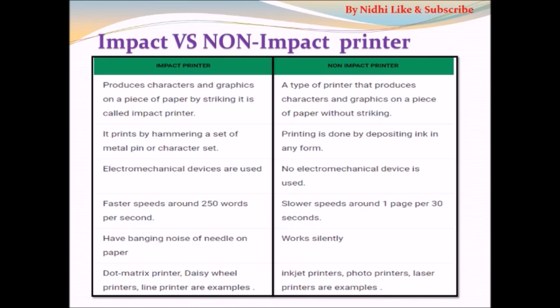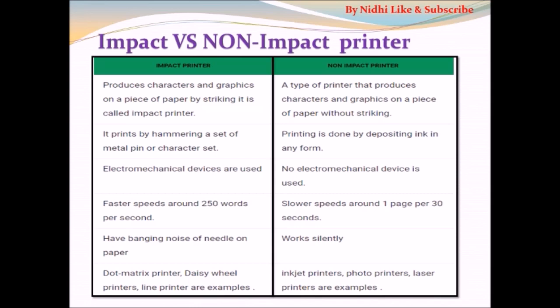Next, impact printers have the banging noise of needles on paper, so they are more noisy, and as compared to impact printers, non-impact printers are less noisy. And last but not least, dot matrix printers, daisy wheel printers, and line printers are examples of impact printers, whereas inkjet printers, photo printers, laser printers, and 3D printers are examples of non-impact printers.